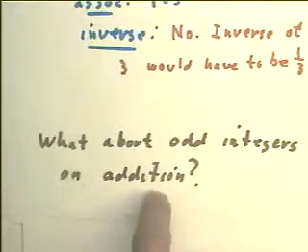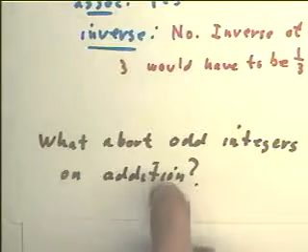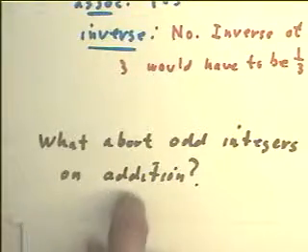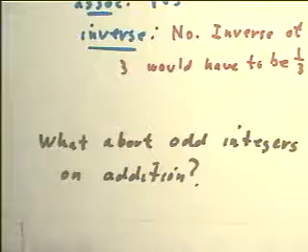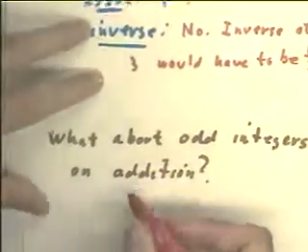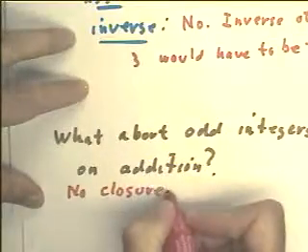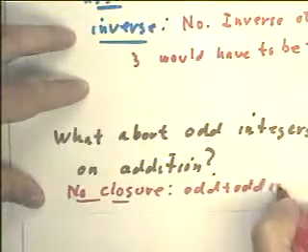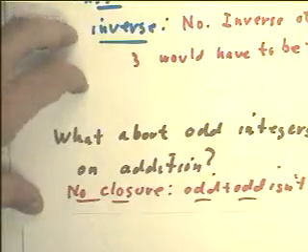Okay, what about odd integers on addition? Well, again, let's look at it. Again, you don't have a group. The problem is you have two problems. First of all, you don't have closure. If you add two odd numbers, you don't get an odd number.